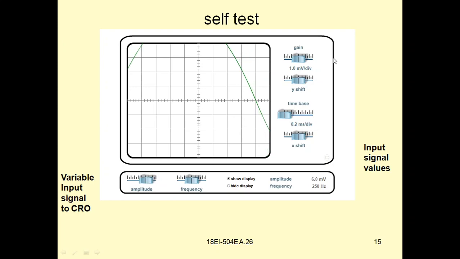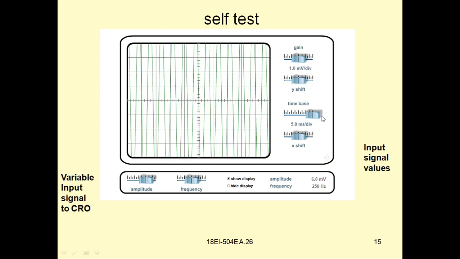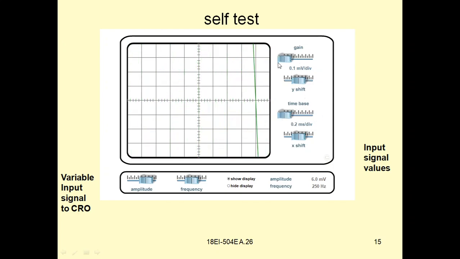Actually, when a wide range of gain adjustments are there, we can go for even higher values also. But here only from 1 to hardly 5 milliseconds change is there, and 0.1 to 10 millivolts per division change is there.